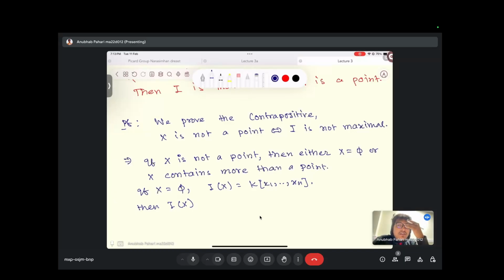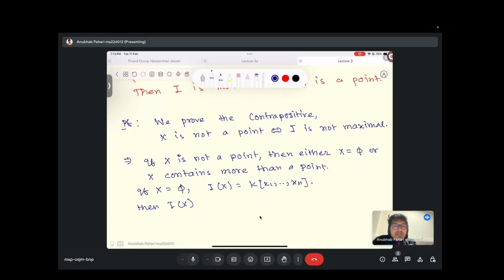So what we did was we proved the contrapositive, that is, if X is not a point, I is not maximal. So first we do the forward direction, that is, if X is not a point, then either X equals to phi or X contains more than a point.